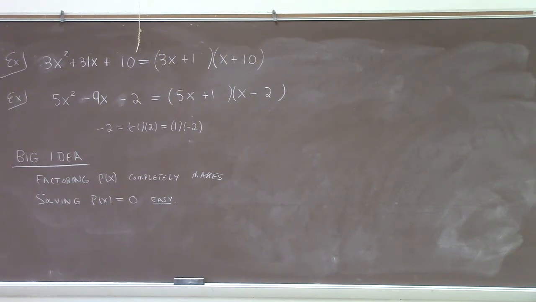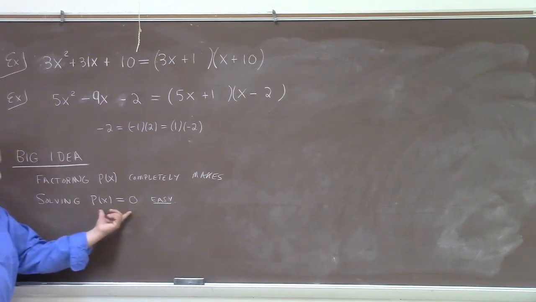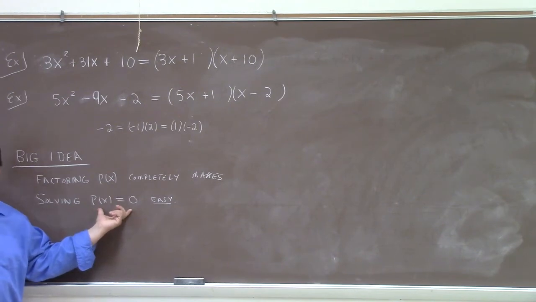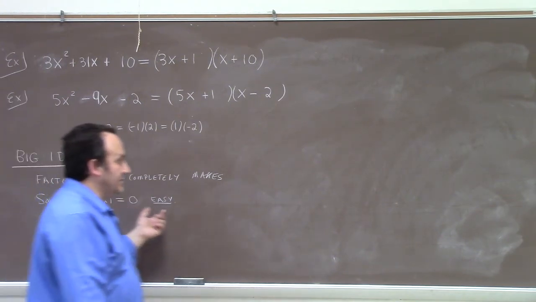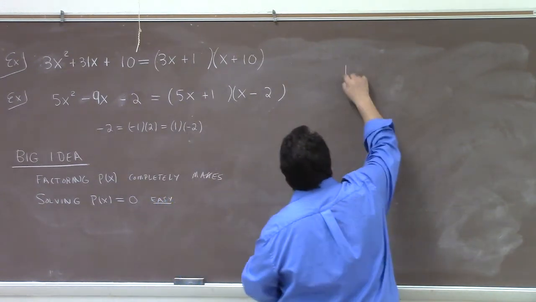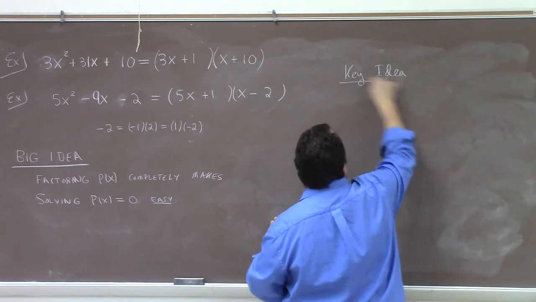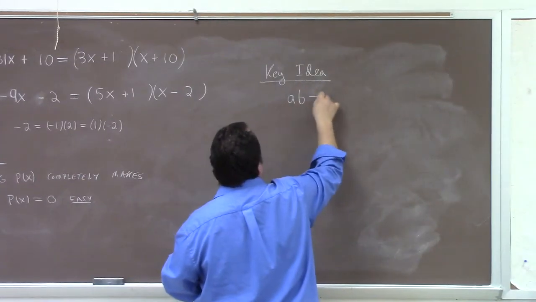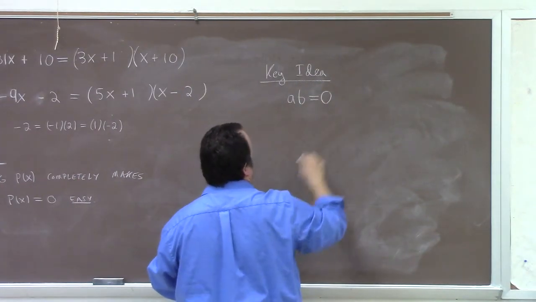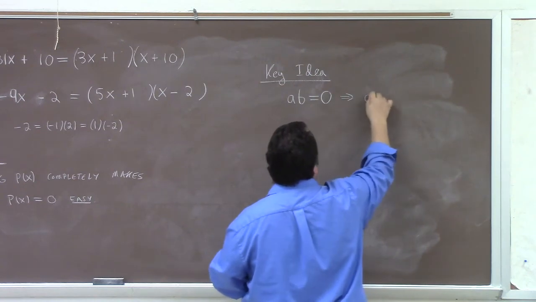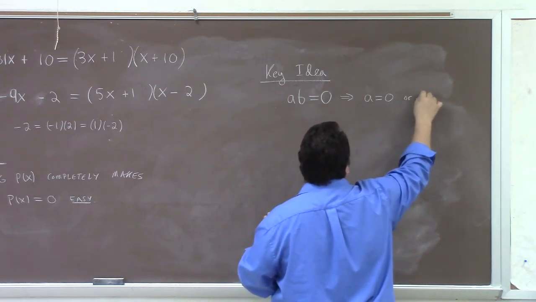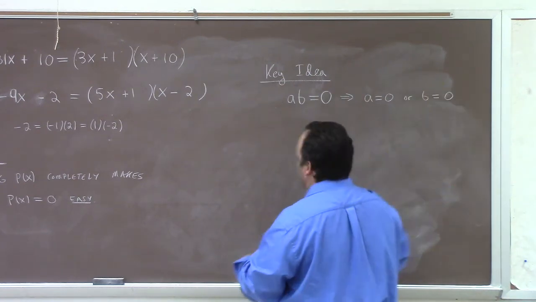In contrast, when I look at an equation, p of x equals 0, I'm actually looking for numbers that when I plug them in, it works, right? So the key idea here is that if a times b is equal to 0, then that means a equals 0 or b equals 0, or of course it could be both, right?